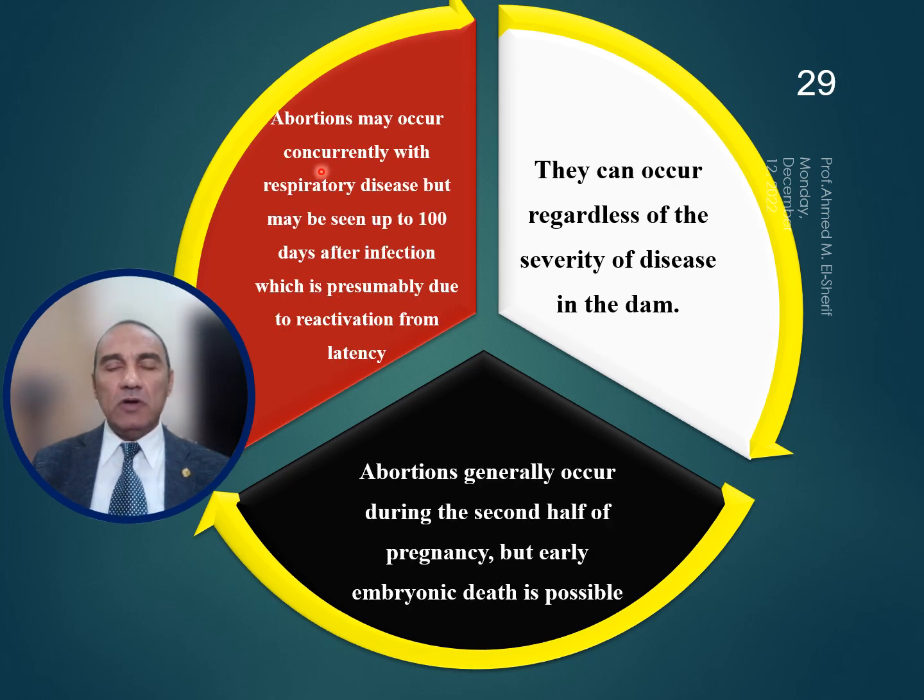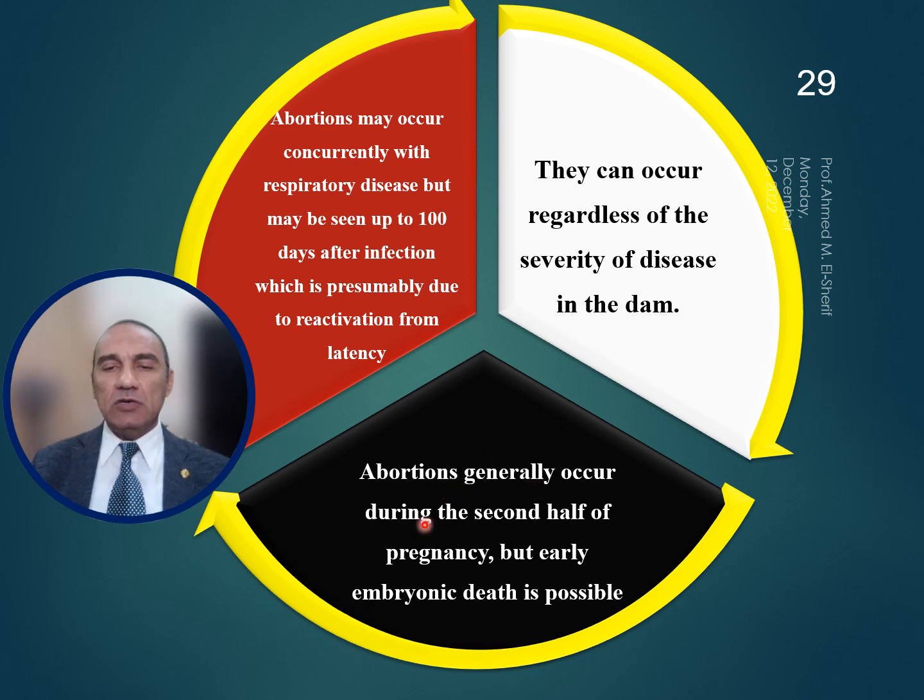Abortions may occur concurrently with respiratory disease, but may be seen up to 100 days post-infection, which is due to reactivation of the virus during its latency. They can occur regardless of the severity of the disease in the dam.